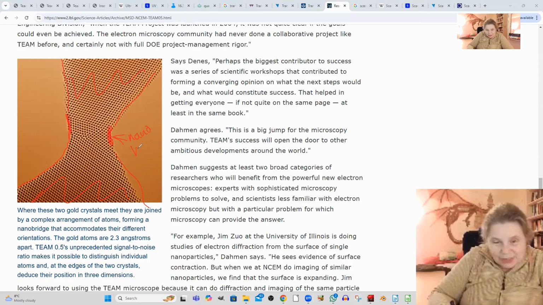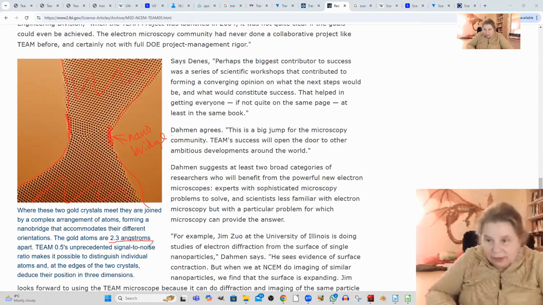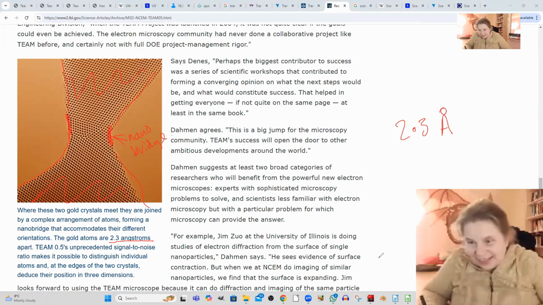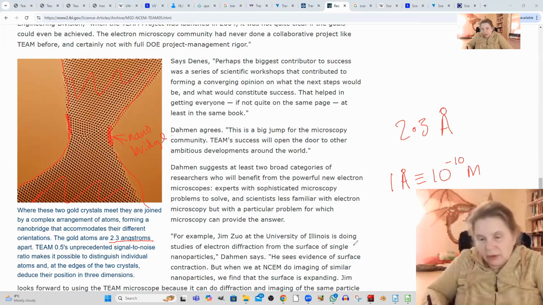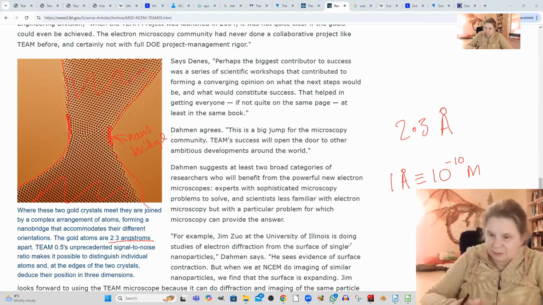Nano bridge. Okay, and the gold atoms: angstroms is not an SI unit. 2.3 Å, and angstrom is written like that with a little circle over the A, and 1 angstrom is 10 to the minus 10 meters. Okay, it's not an SI unit. They will not ask you about SI units.